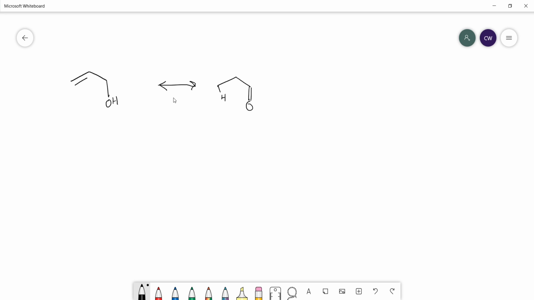By putting a phosphate group instead of a hydroxyl group here, by having phosphate, that blocks this tautomerization from occurring. We don't get that product. So it allows us to create an enol-like structure without risking it converting to a different product.